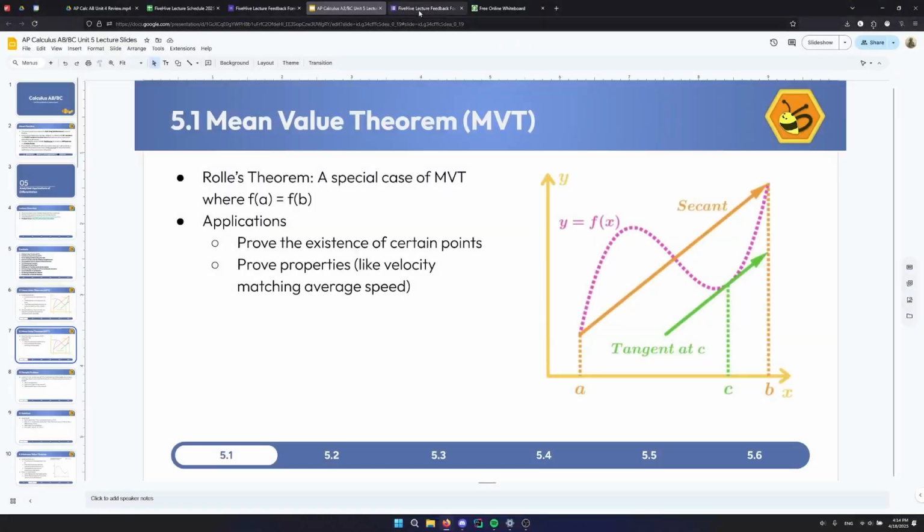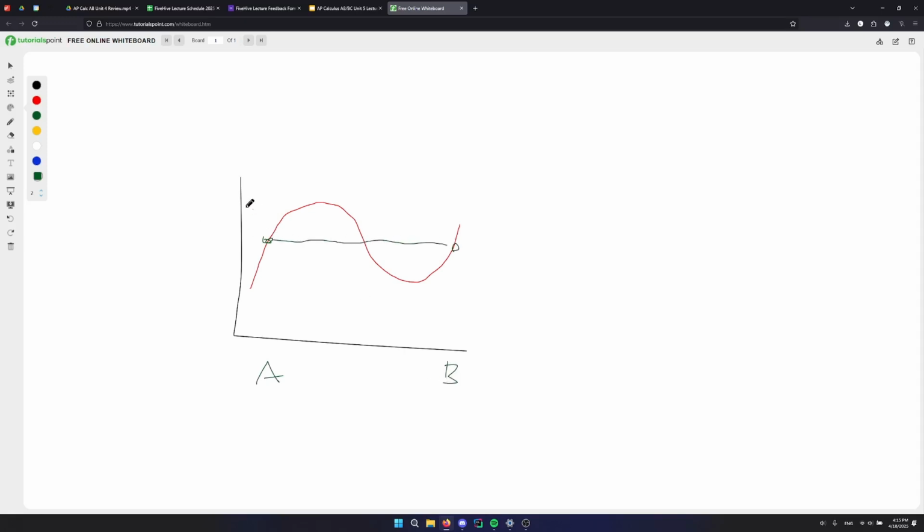In case you still need some visuals, let me draw a random curve with our two points A and B. If they are equal, so if f of a is equal to f of b, you can see our secant line is completely horizontal.